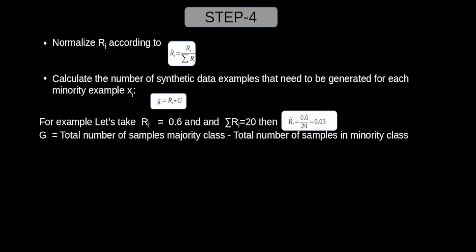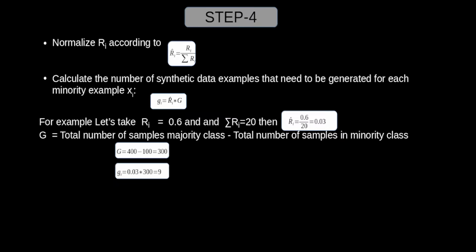G equals the total number of samples in the majority class minus the total number of samples in the minority class. Consider G equals 400 minus 100, which equals 300. Here 400 samples belong to the majority class and 100 samples belong to the minority class.